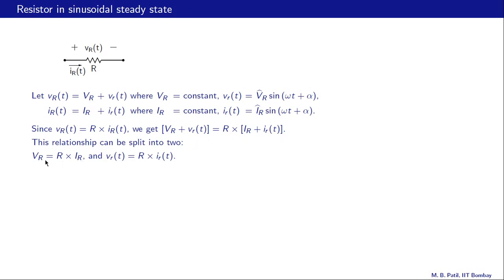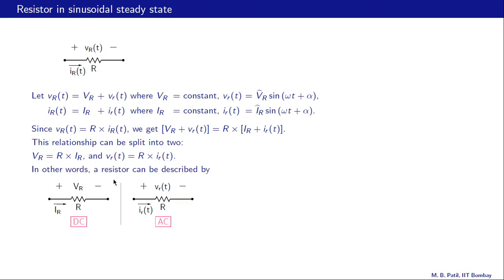One, capital V, capital R is R times I, capital R, this part, and small v, small r is R times small i, small r. These are the DC quantities VR and IR, and these are the sinusoidally varying quantities.